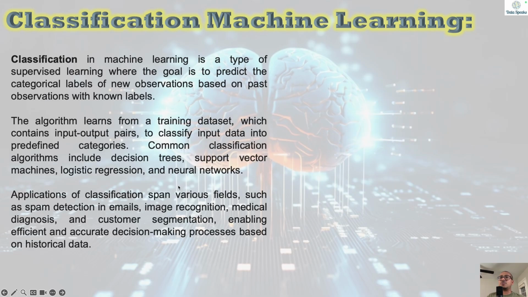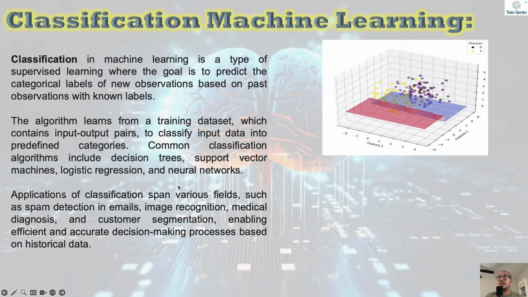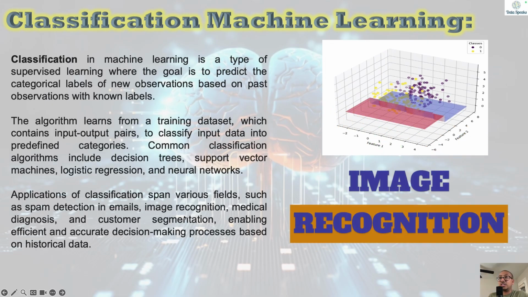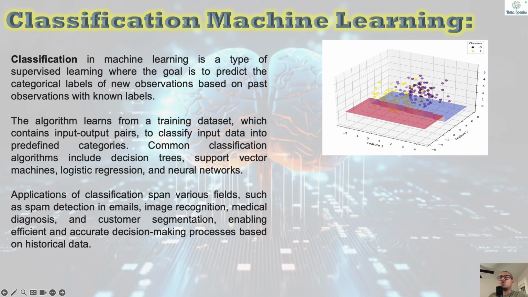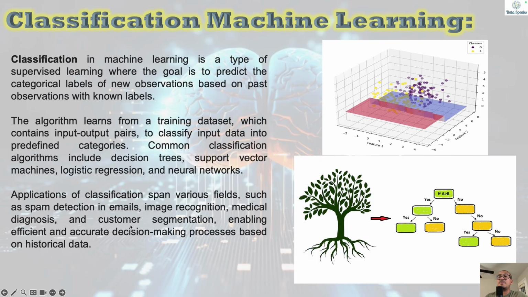Now, there are different applications of classification machine learning models, such as the spam detection we have already talked about, image recognition, medical diagnostics, customer segmentation, etc. These are just a few examples of the many use cases that classification machine learning models have in real world scenarios.